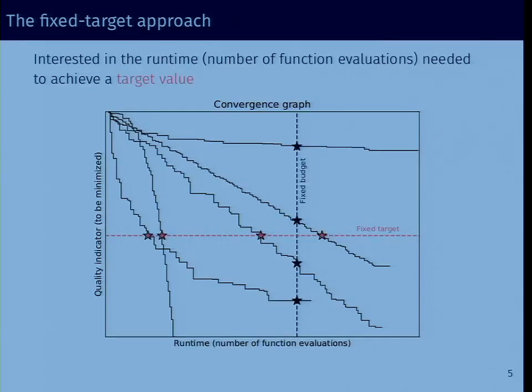But I mean, this is not actually important. It's important you know what to optimize, and then you can define the targets, like, oh, I got this close to the ideal solution I was looking for, and then you can record how many function evaluations you needed to get there.